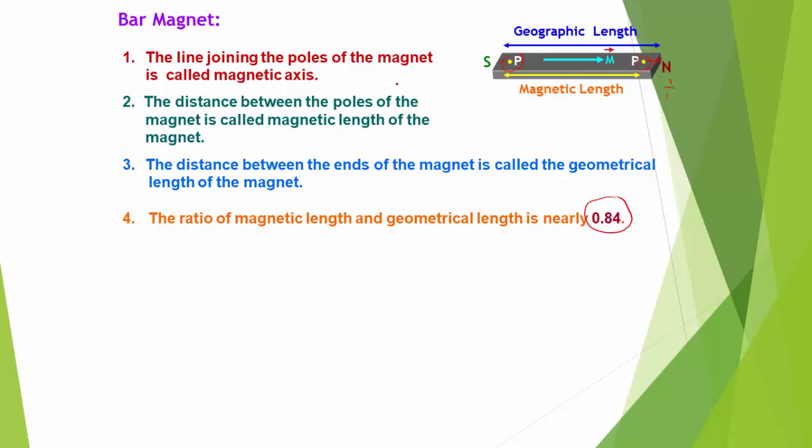These are called poles ಅಂತ ನಾವು ಕರಿತೀವಿ. ಎರಡರ ರೇಷಿಯೋವನ್ನು ಫೈಂಡ್ ಔಟ್ ಮಾಡಿದಾಗ, the ratio of magnetic length and geometrical length is nearly 0.84. It is a very important point. Remember this point.